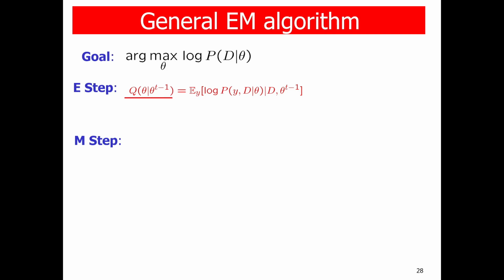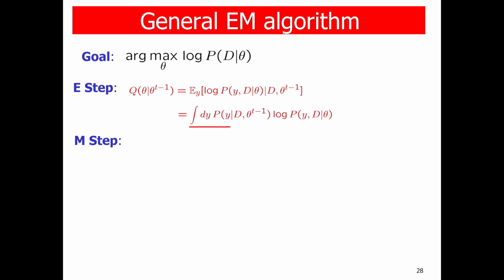The function Q is simply the conditional expectation of the log of the joint distribution of y and the data d given the parameters theta. The tricky part is that in the conditional expectation, we condition on the data and the parameters at the previous iteration t-1.